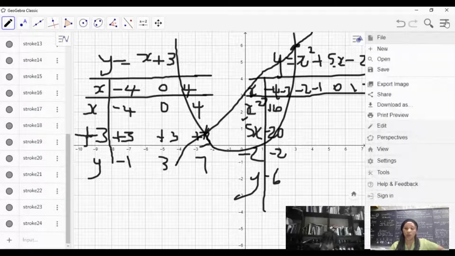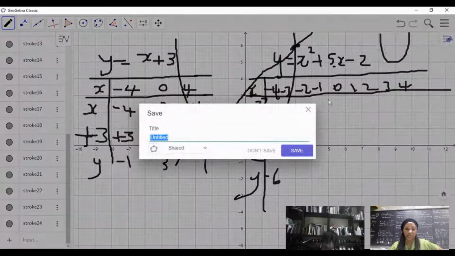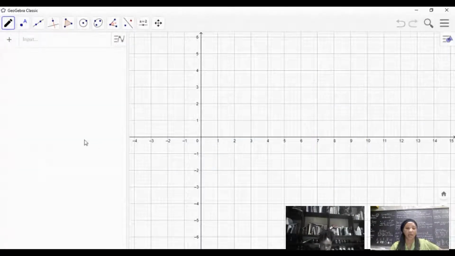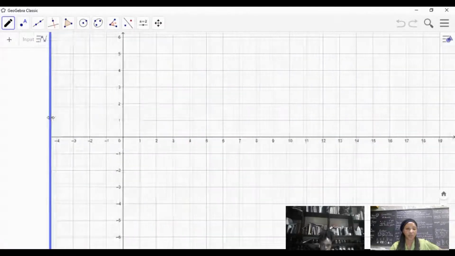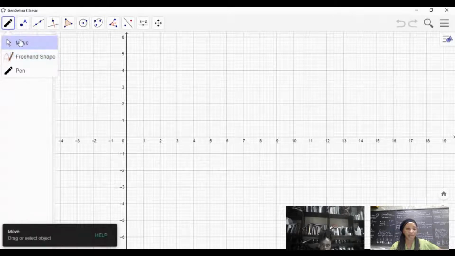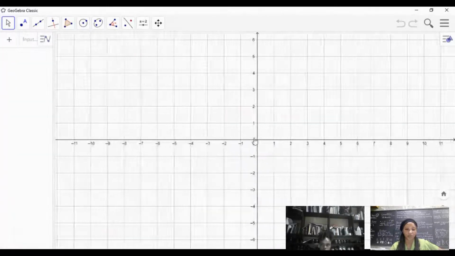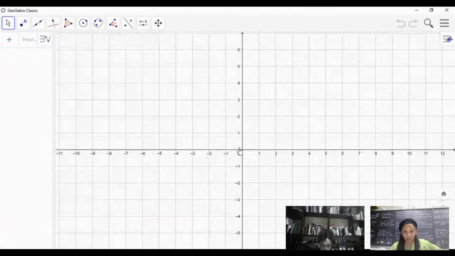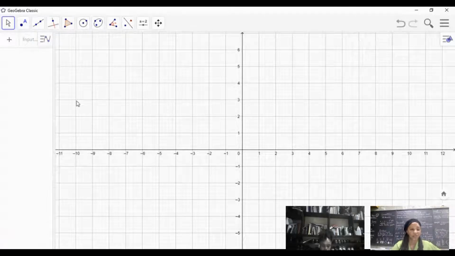So we're going to allow GeoGebra to do that for us right now. We're just going to plug in the coordinates and allow GeoGebra to do the work for us, which is why we love our GeoGebra software.